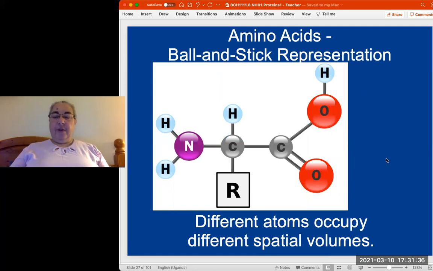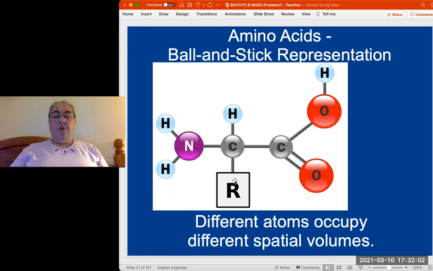So here is another representation of the same thing. This is what's called a ball and stick representation, which helps us to see the size of the different groups. I hope that you remember that hydrogen is a small atom. Nitrogen and carbon and oxygen are somewhat similar sizes.